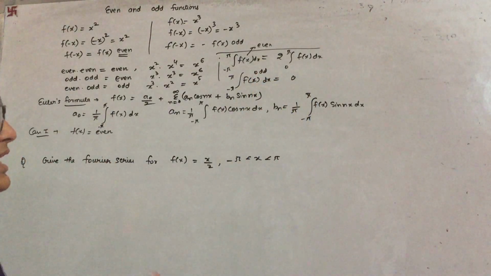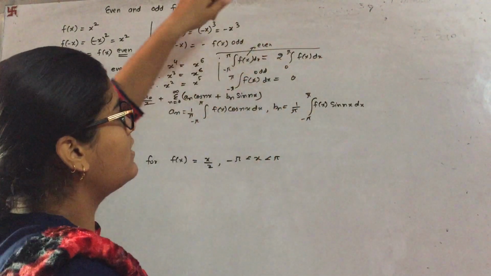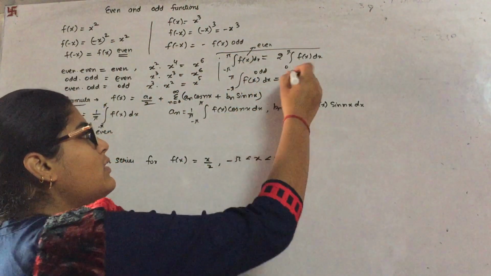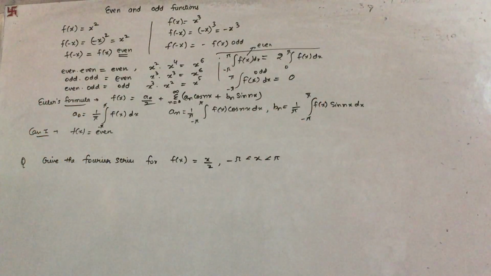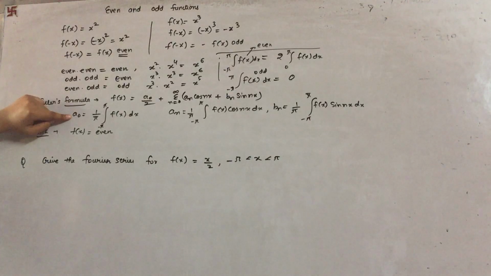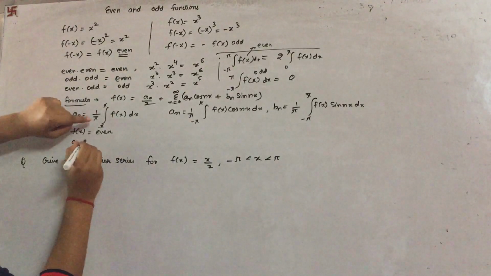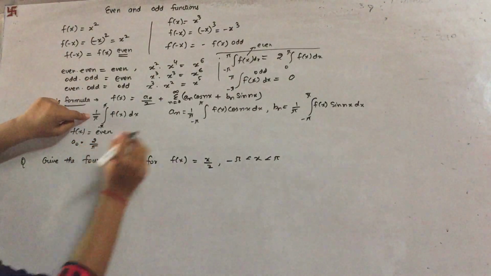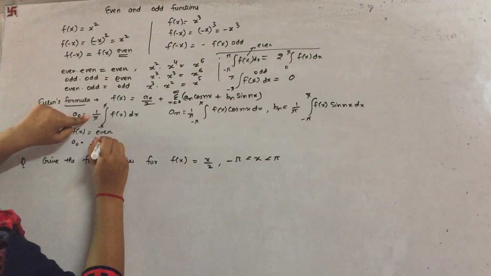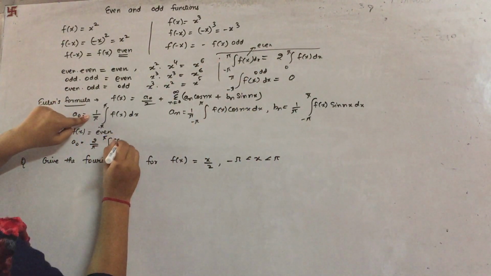If you carry out the whole process of integration, it comes out to be 0. Now listen, if your f(x) is even, what will be the formula of a0? a0 becomes 2 by pi, because twice occurs here, if we take the limit from 0 to pi.